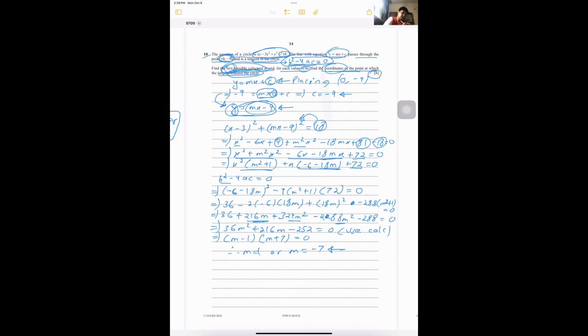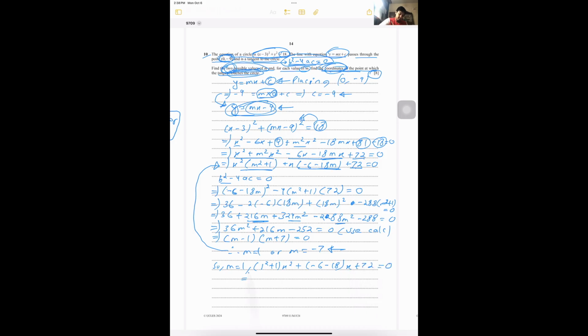Okay, now find the coordinates they're asking. So we'll place these values of m in this equation to find the coordinates. So m equal to 1, right? So it will be 1 squared plus 1 x squared plus minus 6 minus 18 x plus 72 is equal to 0.